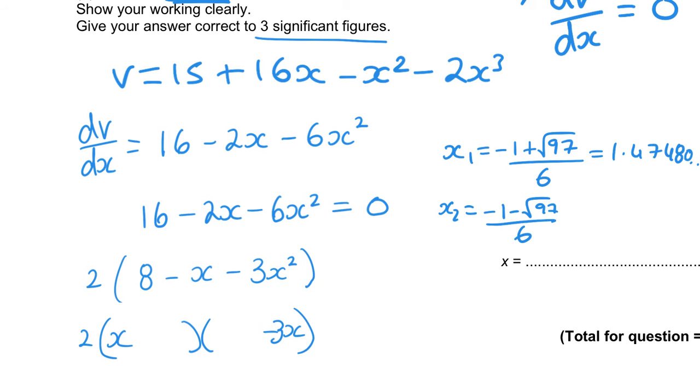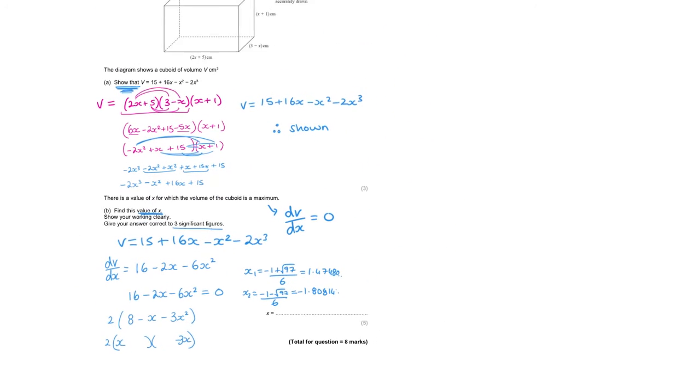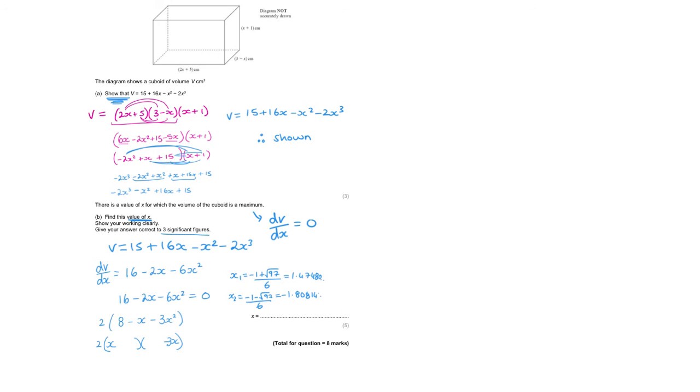Or my x2 is minus 1 minus root 97, again using the quadratic formula. And I'm going to get minus 1.80814 dot dot dot. Now, which value of x are we going to use? We're going to put the positive one, because if this was negative 1.8 plus 1, we'd get negative 0.8.